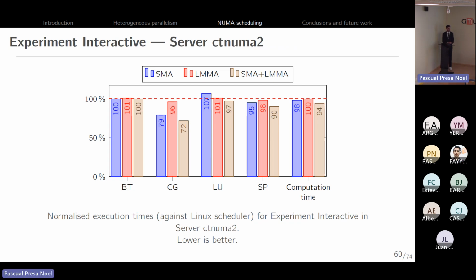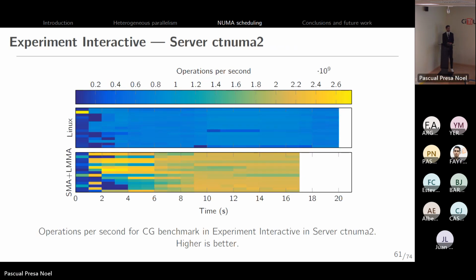Results are very similar for server CiTIUS 2, where we improve execution times up to 28% for this particular task and 6% in the final computational time. Here we can see an example of a trace where with our algorithms, we have a higher number of operations per second, which leads to reduced execution times.